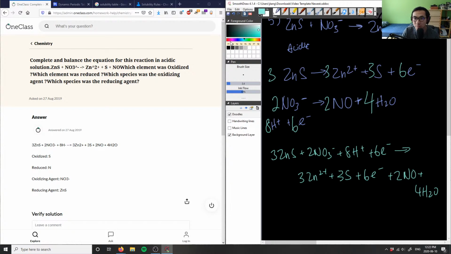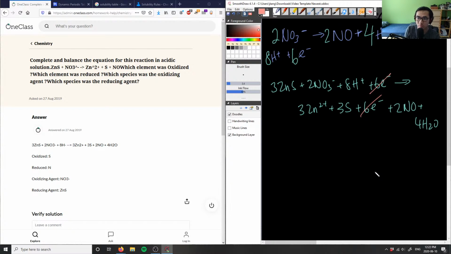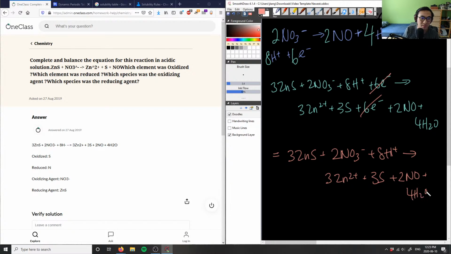As you can see, the electrons are going to cancel out, which is great. We are left with the following equation: 3ZnS plus 2NO3- plus 8H+ yields 3Zn2+ plus 3S plus 2NO plus 4H2O. And this here is going to be our equation.